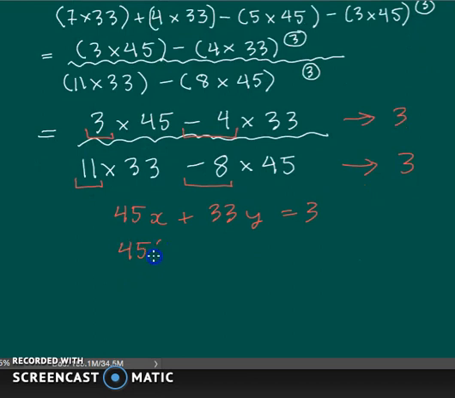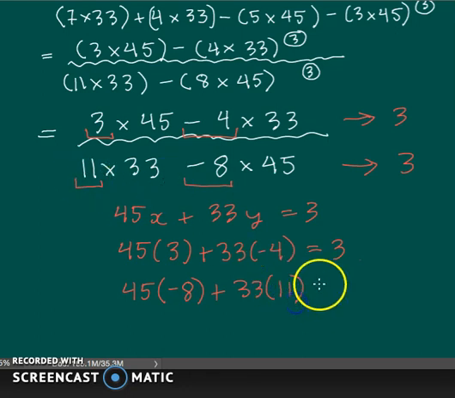Instead of x, we can say 45 times up here 3 plus, on the top, 33 multiplied by negative 4, and that makes 3. Also, we can say 45 times, on the bottom here we have negative 8 plus 33 times 11. That will also make 3. If you like, you can try it out on your calculator, but this is how we figured out what the values of x and y are.